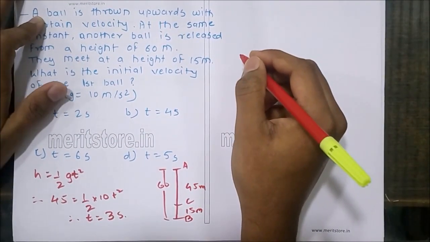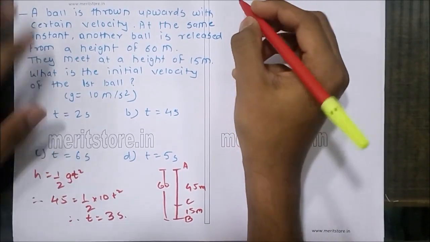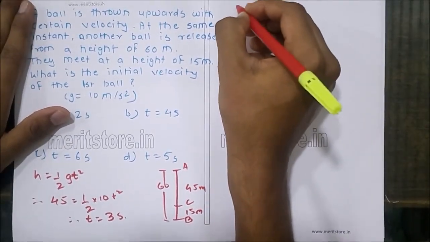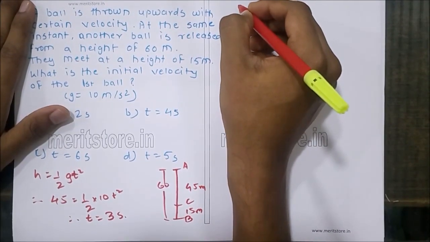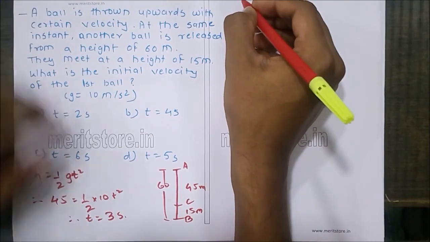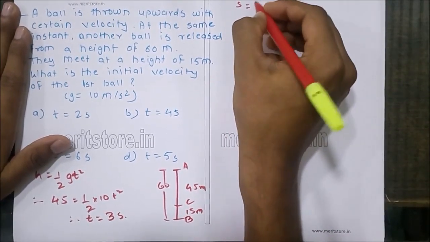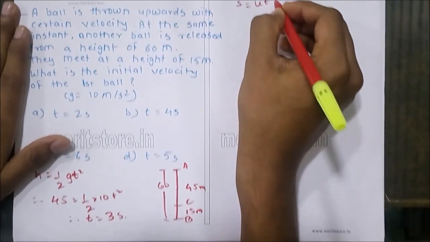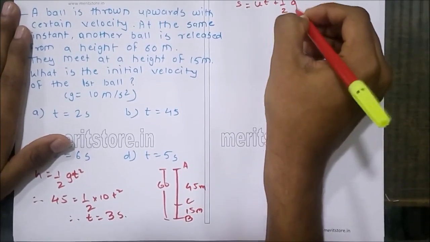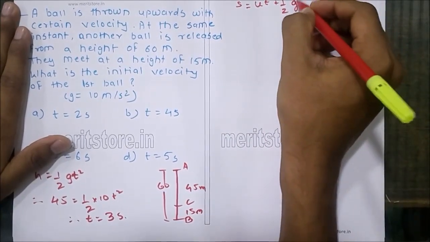Now that the value of t is equal to 3 seconds, both the balls meet each other after a time of t equals 3 seconds. So for the ball which is projected from point B, let us find out the distance that it travels in that time. Let us find out the initial velocity using the time t equal to 3 seconds.